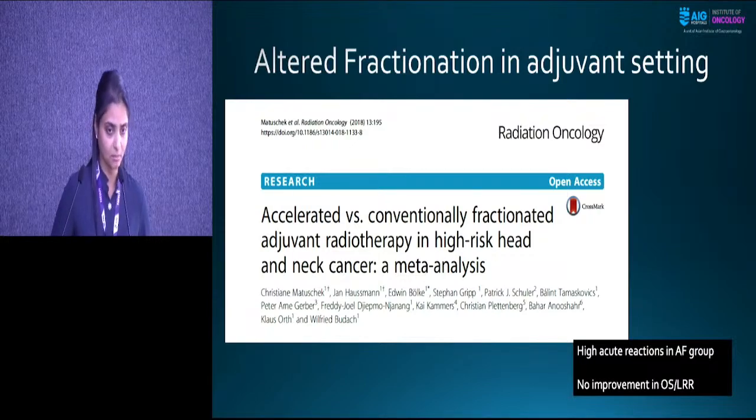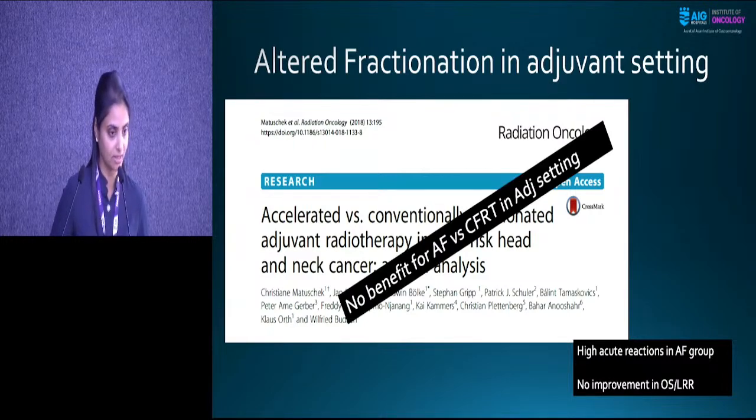But at the same time, there is an individual patient data meta-analysis which showed that hyperfractionation, twice daily with concurrent chemotherapy, is superior to other approaches. But the statistics in that paper are a bit overwhelming. Still, for now, in the adjuvant setting, there is no role of hyperfractionation. The benefit is not there because of the rate of high acute reactions.